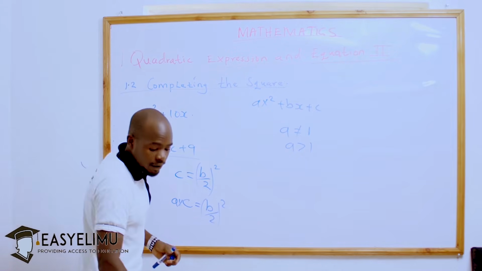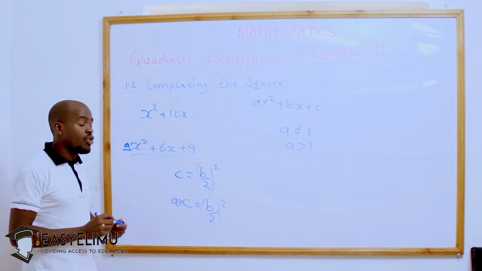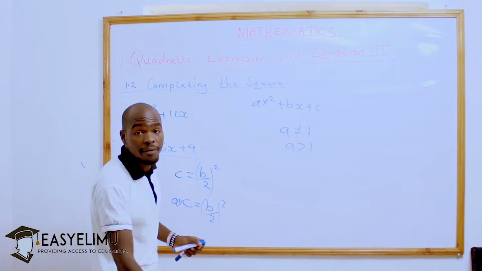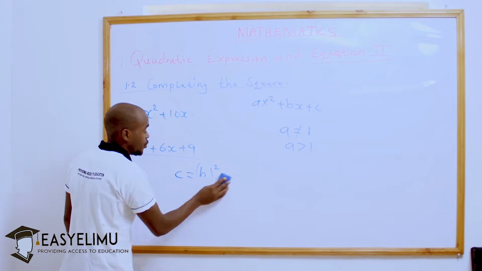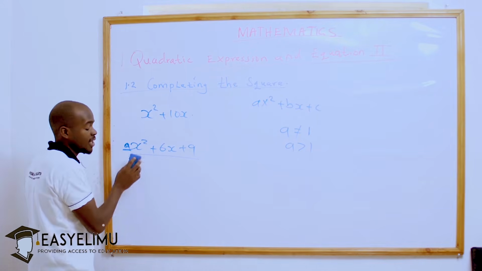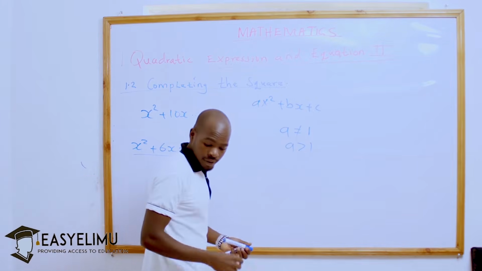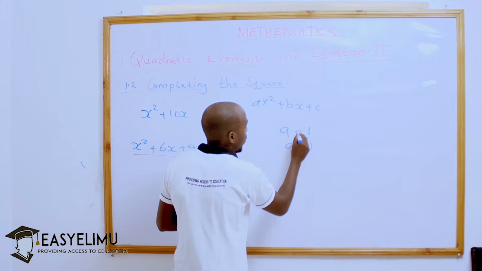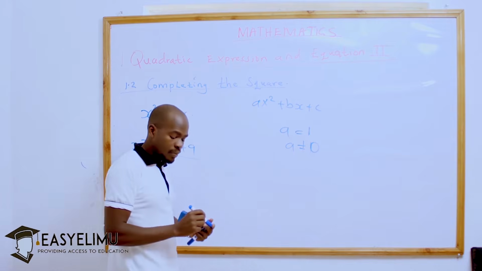If you take the coefficient a, multiply by c, you will get the coefficient b divided by 2, squared. That is for the case where a is not equal to 1 and not equal to 0. But for our quadratic expression here, a is equal to 1.